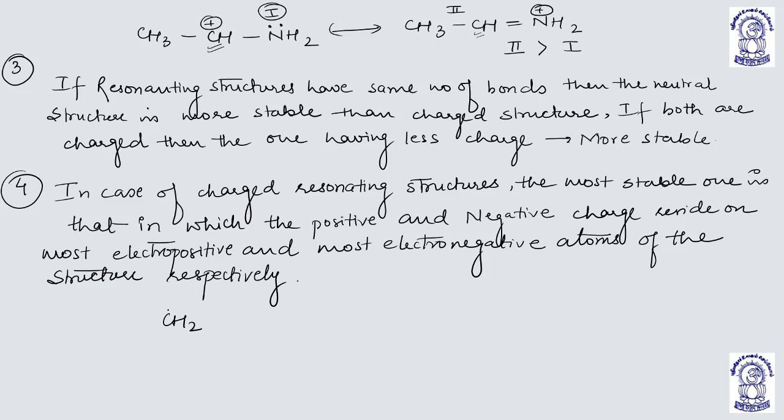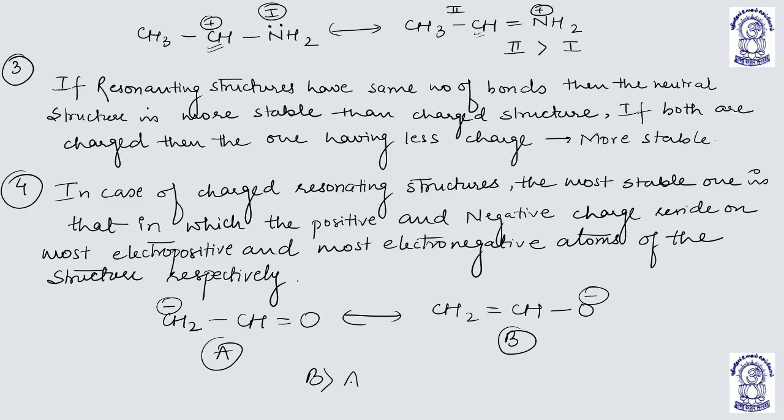For example, oxygen being more electronegative, if it is carrying the negative charge, it means B is more stable than A.